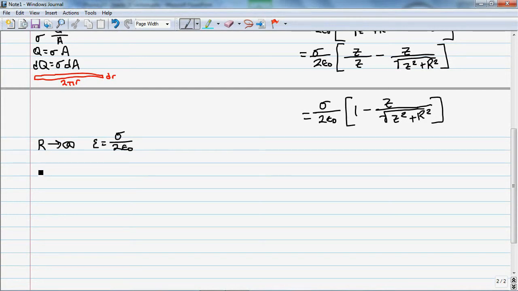Now let's look at what if z is approximately 0, very close to 0. Well, that means that this second term is going to cancel out, and I get that the electric field is equal to sigma over 2 epsilon naught.